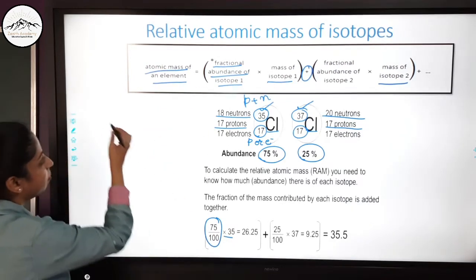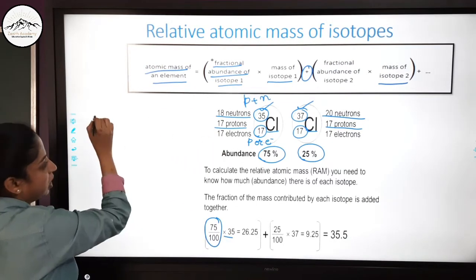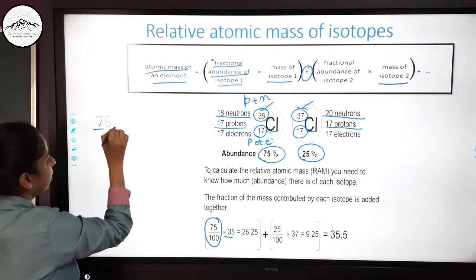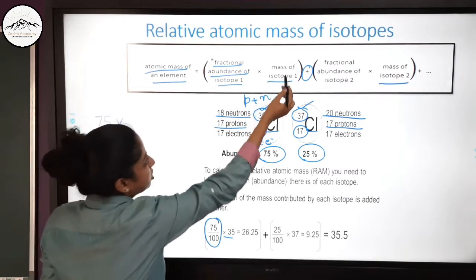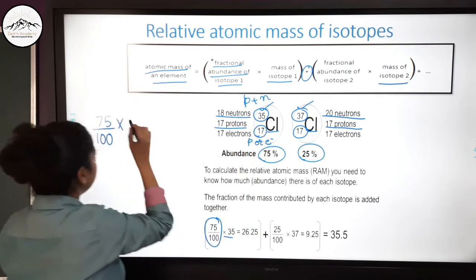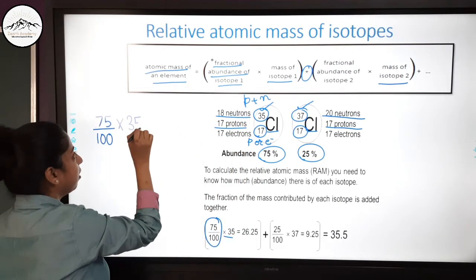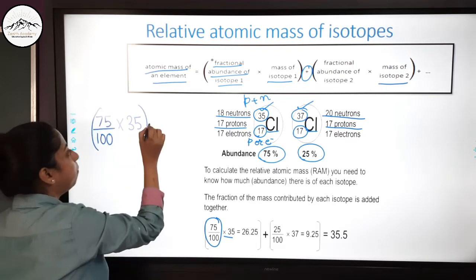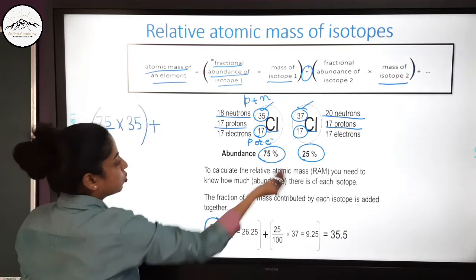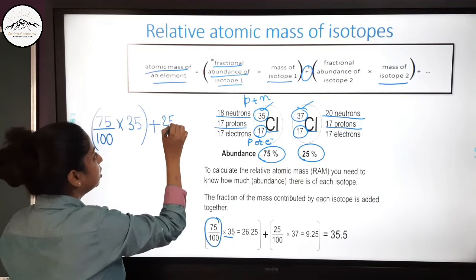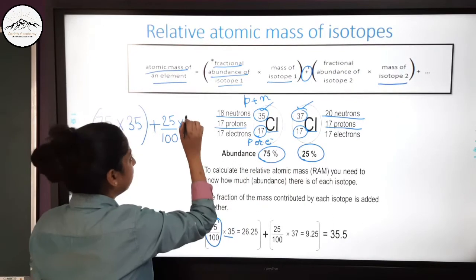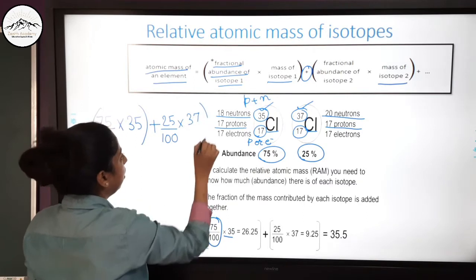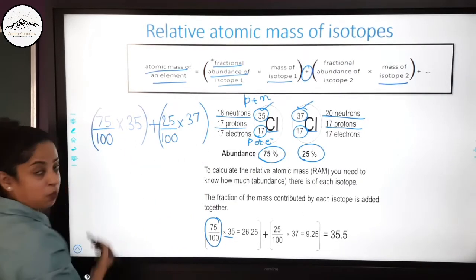So here the fractional abundance of the first is 75%, right? So I will write 75% of the mass of isotope 1, which is 35. So 75% of 35, plus, now this is 25%, plus 25% of, what is the mass? 37. And we have to add both of them.